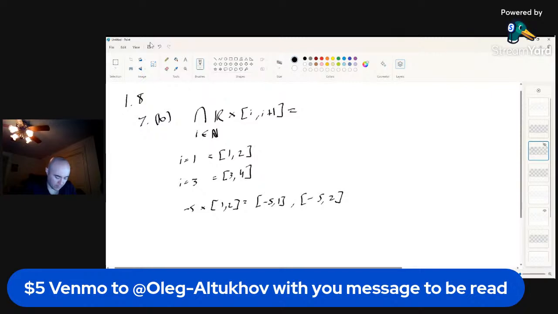I'm thinking this is going to be... I don't think there's any overlap. Let's find out. Thank God. I got that right. Okay. Getting somewhere. That's right. Book agrees.